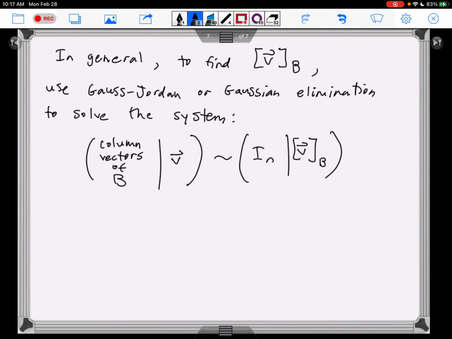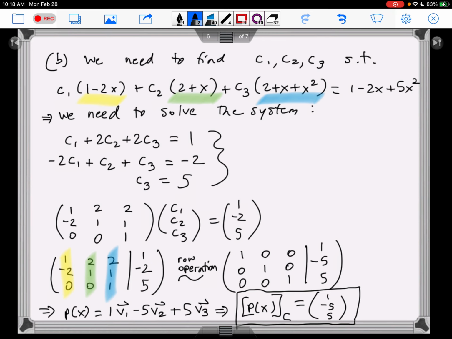You just take your basis and write it as column vectors. And this is important. When I say the column vectors of B, be very careful and make sure that you put them in the right order here, right? In other words, be consistent with your order.